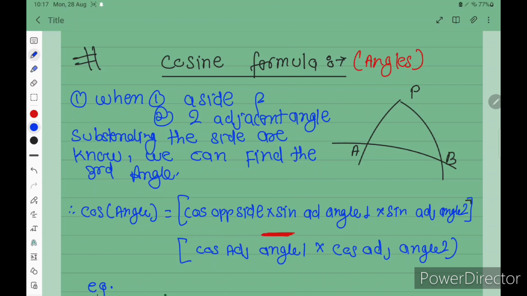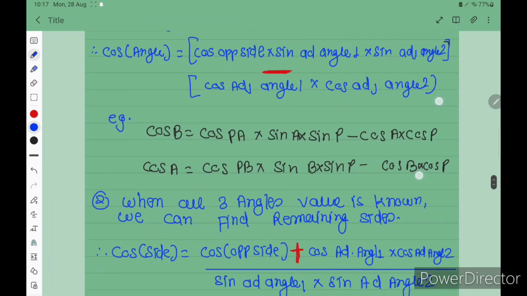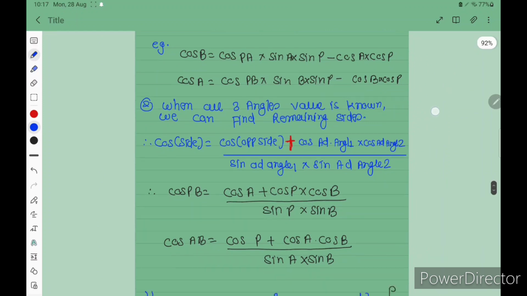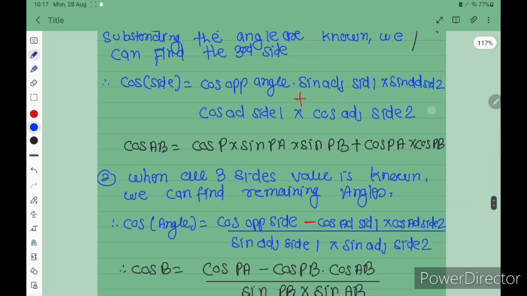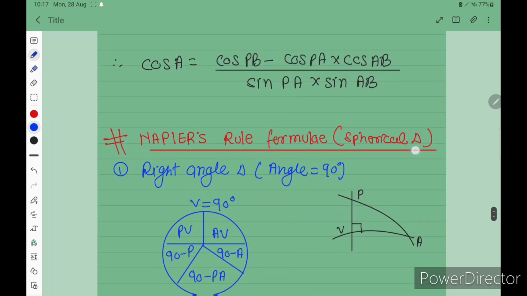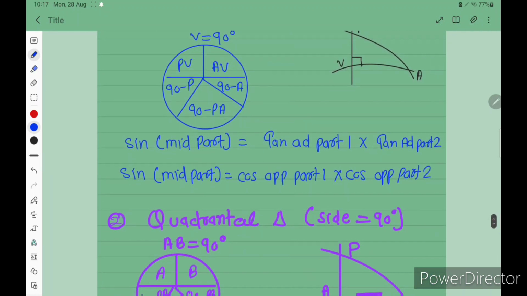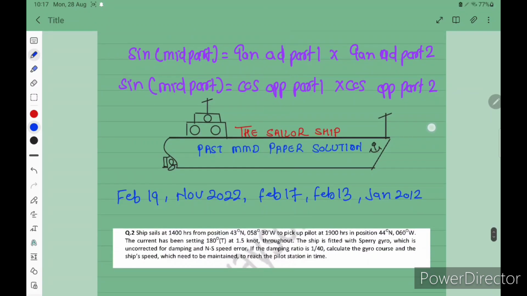So if we know side A and B, we can find P. We already used this formula in great circle, so we are going to solve this type of numerical also. Please go through this formula. If you have any difficulties, watch my great circle sailing videos and you will be able to understand.